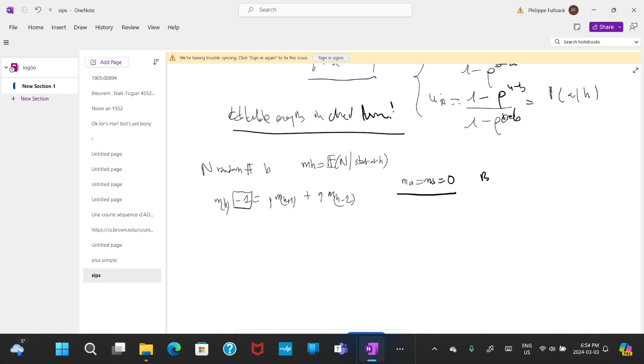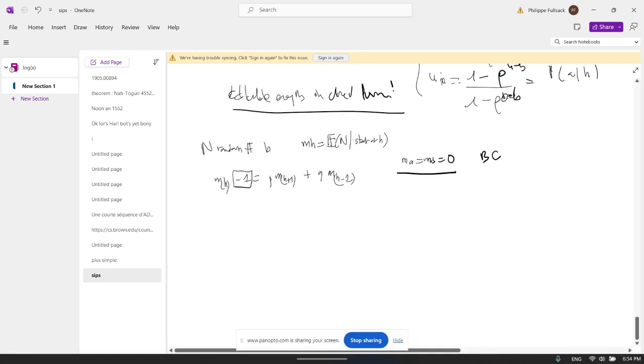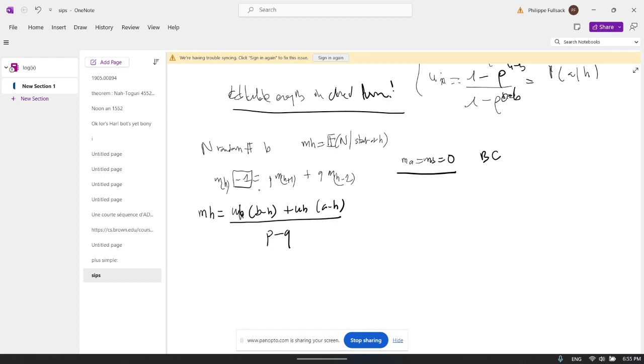These are the boundary conditions. So again, we can easily show that the following equation holds. So here I'm actually using my calculations here to calculate MH.